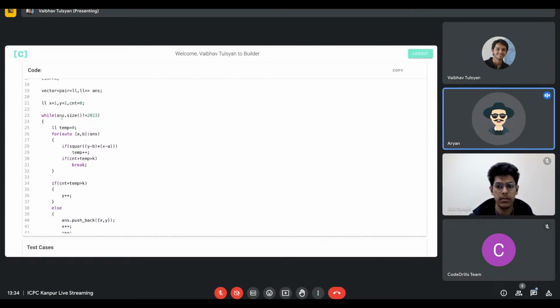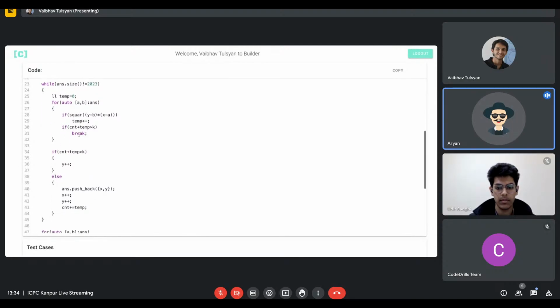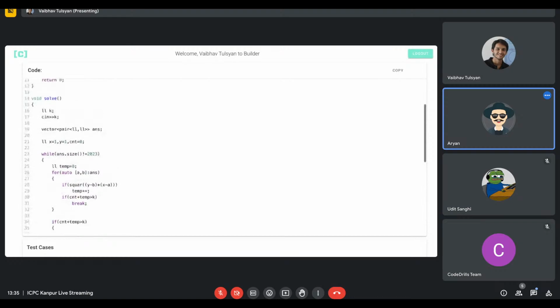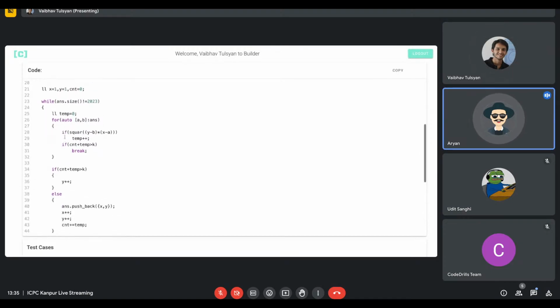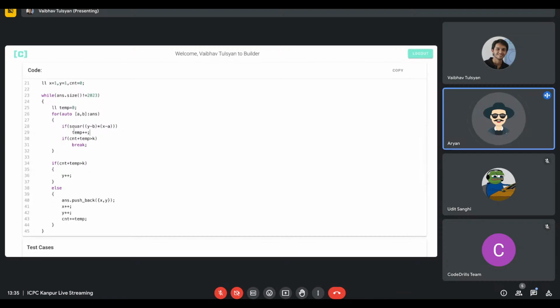If we directly jump onto the solve function, what they are doing is maintaining a set of points, and when they try to add a new point, they check how many new perfect squares get added to it. They fix a point x, y, and check how many times it pairs up with the current points.